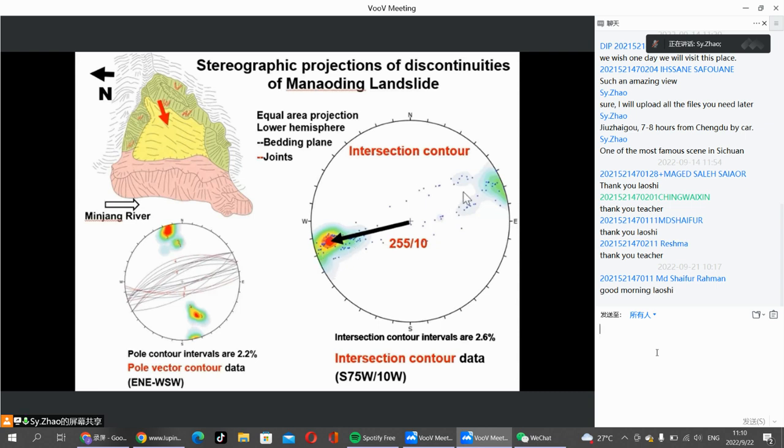And please note that these points are the intersections of the large numbers of structural planes, and when we made the contours of these intersection points, we can see the biggest concentration is around here, which could represent the plunging direction of all this structure.